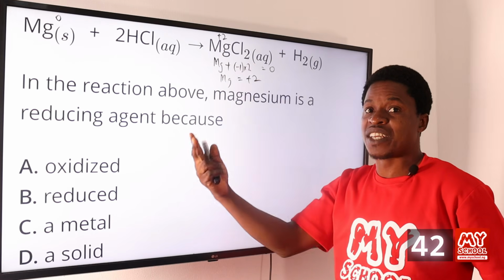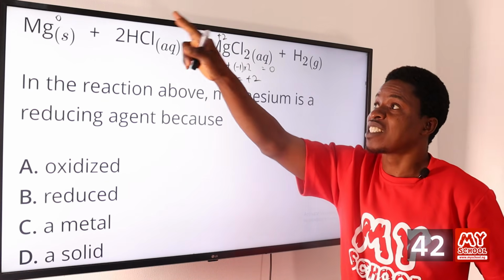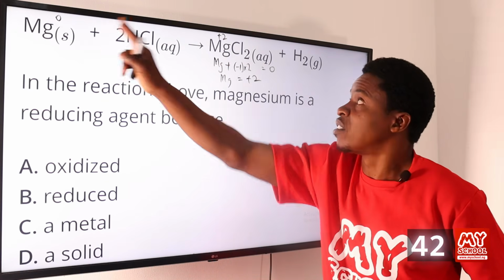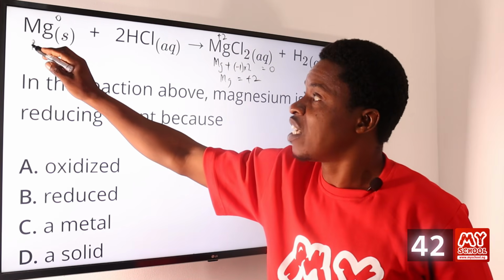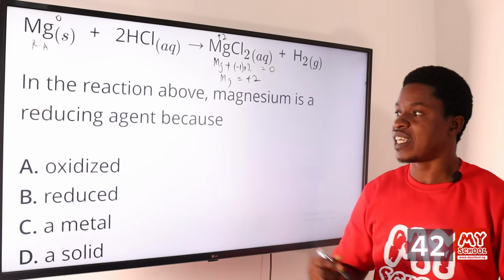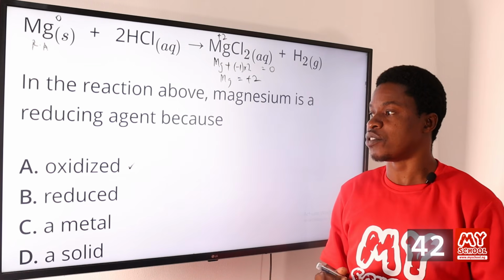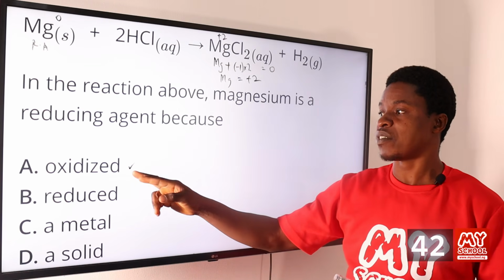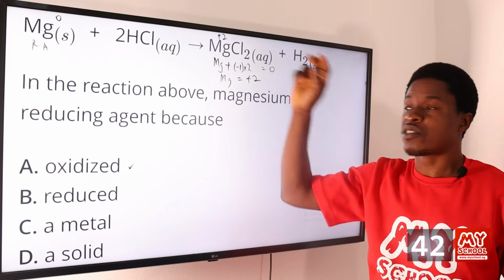There's an increase in oxidation number from 0 to +2. So this magnesium is a reducing agent because it is oxidized. Option A says oxidized, and yes, that's correct. Option B says reduced. It is not reduced because it's oxidized. If it were reduced, we would have had a decrease in the oxidation state of magnesium.